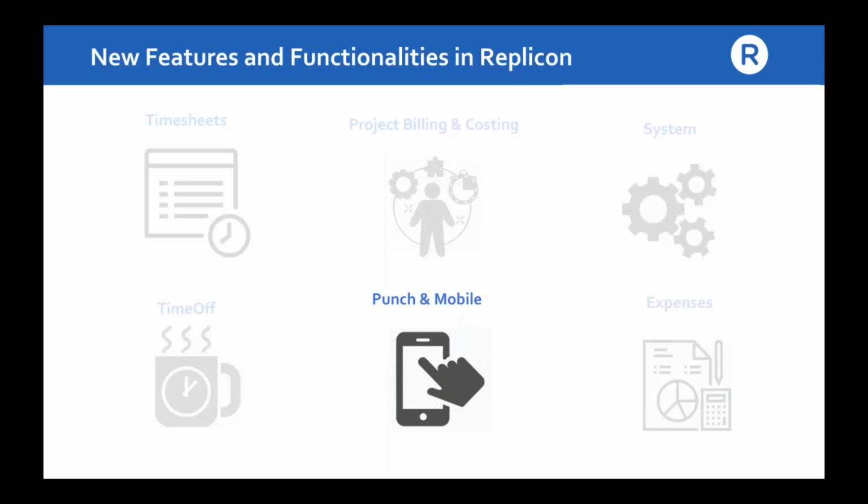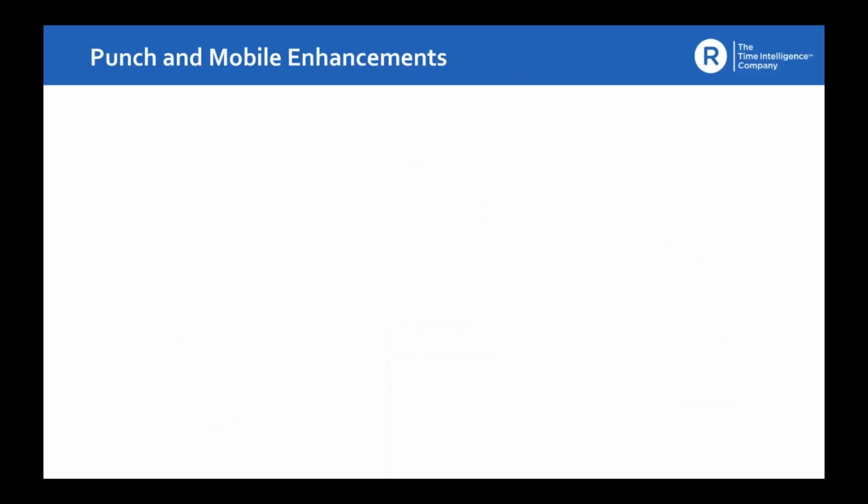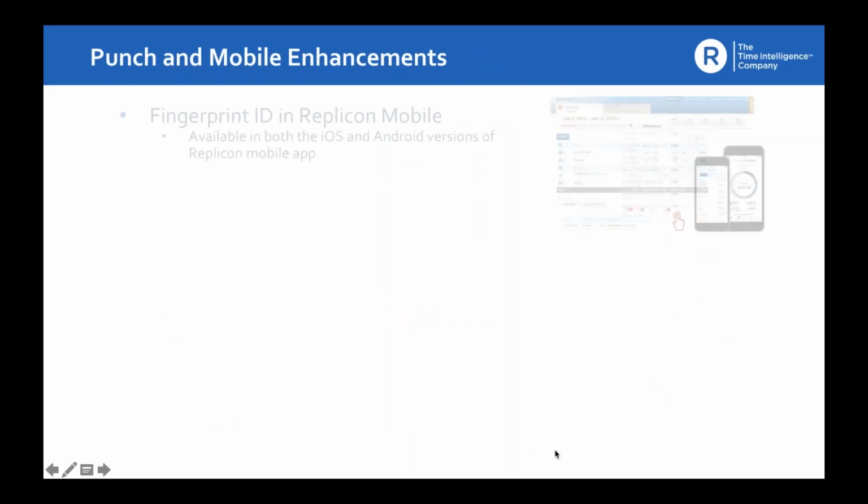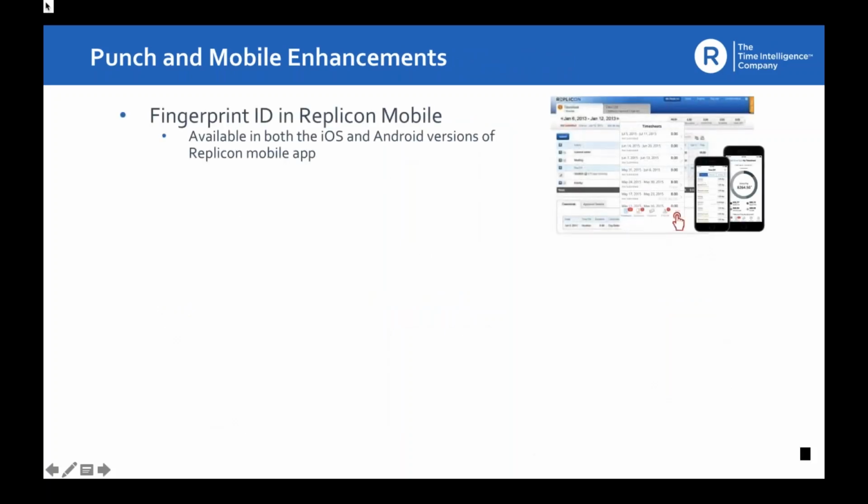We've also made some additional enhancements to the punch and mobile enhancements, as we previously covered about how we are evolving Replicon as a time intelligence platform and enabling this seamless, secured, and easy way to access Replicon applications on mobiles.